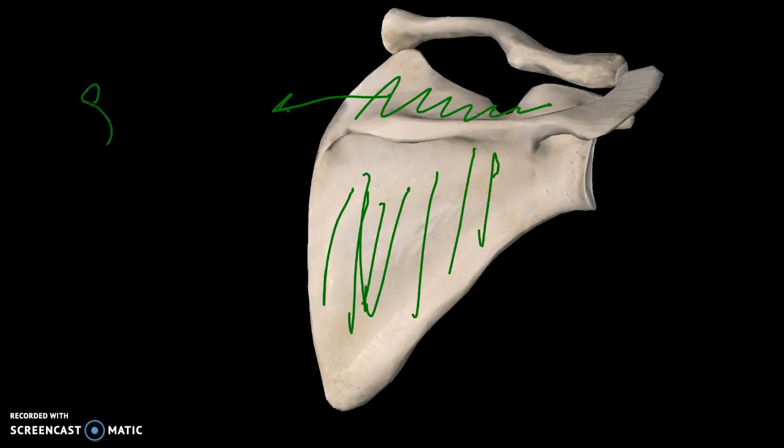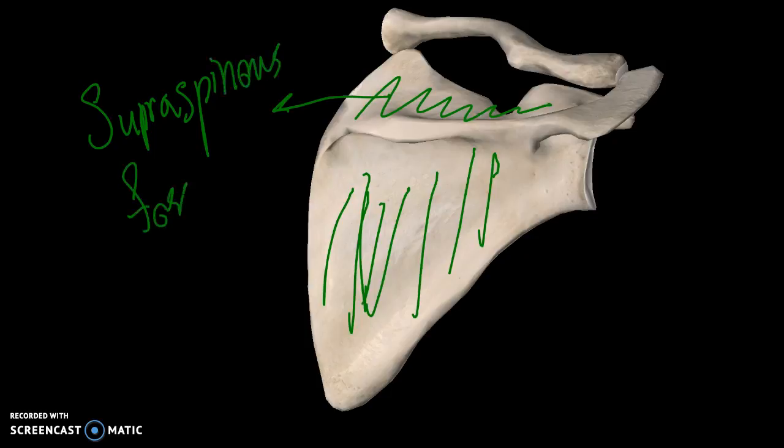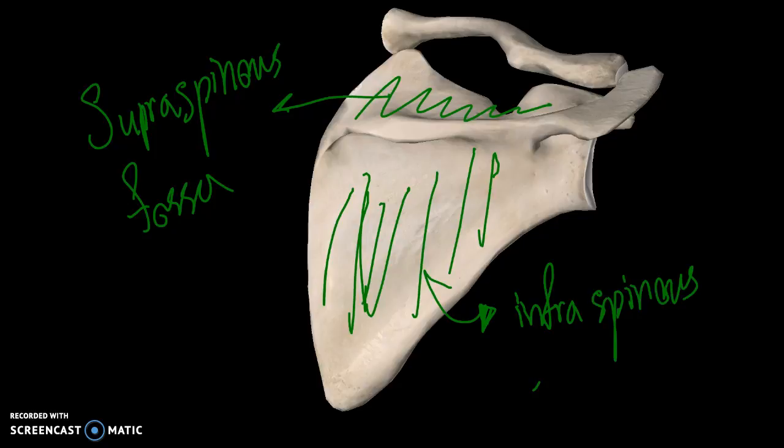The top one is known as the supraspinous fossa, and the lower one is known as the infraspinous fossa.